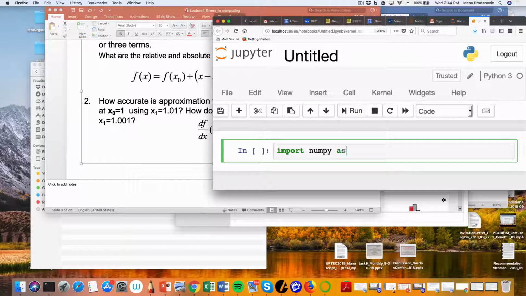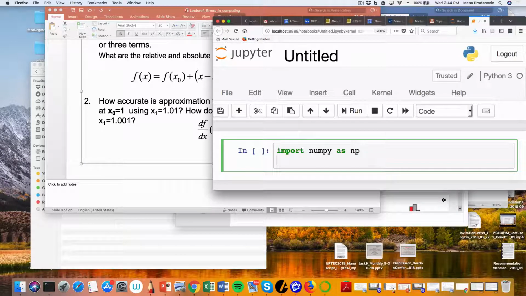It doesn't hurt. But in this case, I want a function, so I do def to define the function. I'm gonna name it f, why not? Of x, and then my colon has to be there, which I love forgetting.